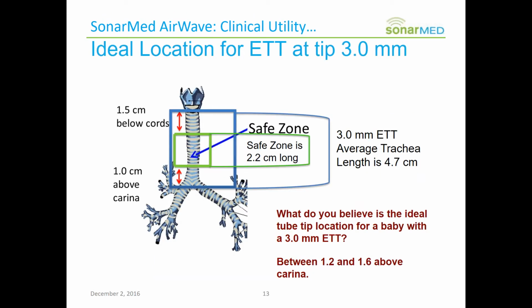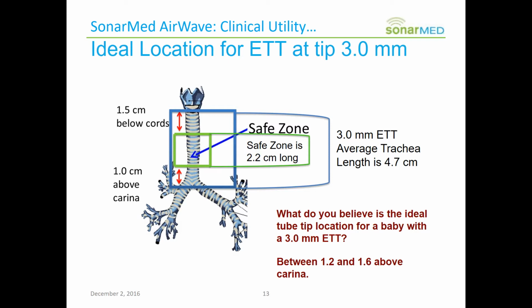So now let's look at a 3.0 millimeter endotracheal tube. A few slides ago, we talked about the fact that an average trachea for a baby using a 3.0 millimeter endotracheal tube is 4.7 centimeters. So I have a little bigger safe zone, right? I want to be 1 above the carina, 1.5 below the cords. So now I have about 2.2 centimeters in the safe zone.